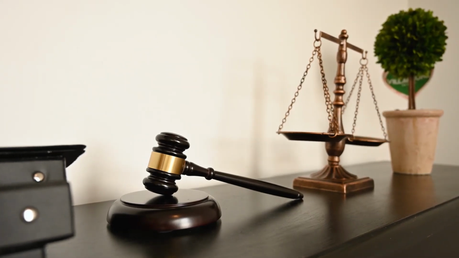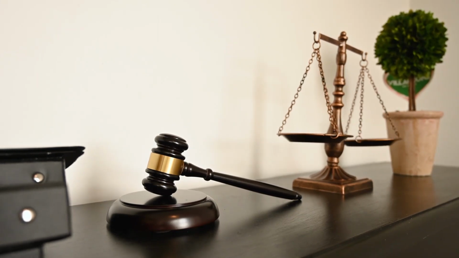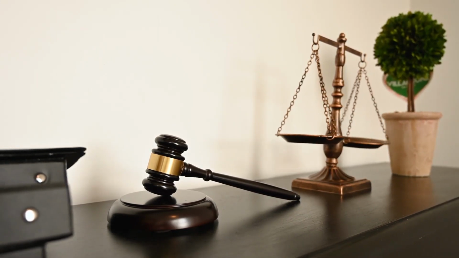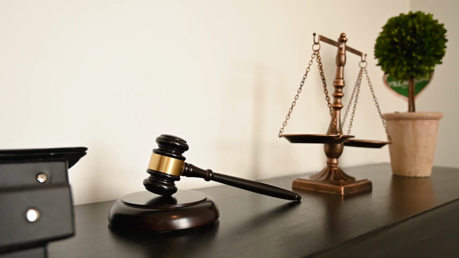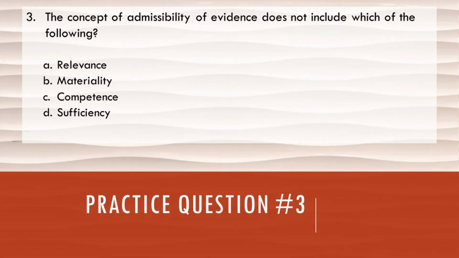So it relates to the case, and it can have an impact on, let's say, the jury's judgment of if the case is acceptable or unacceptable, guilty or not guilty.